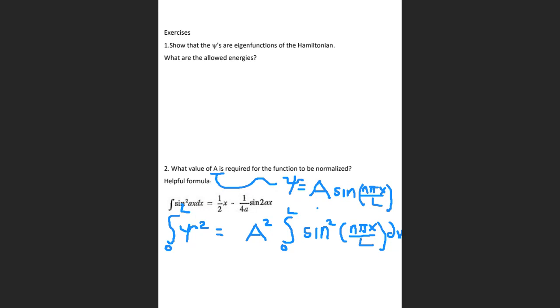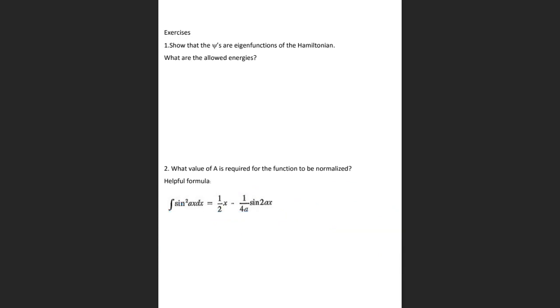All right, and I've observed that here the helpful formula is this. Okay, let me erase some annotations down here at the bottom. Okay, re-summarize.